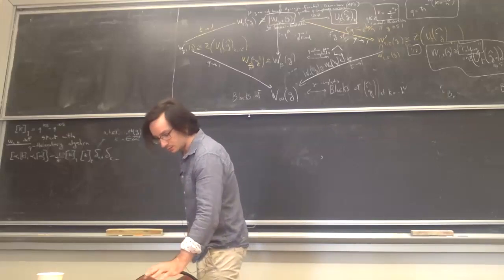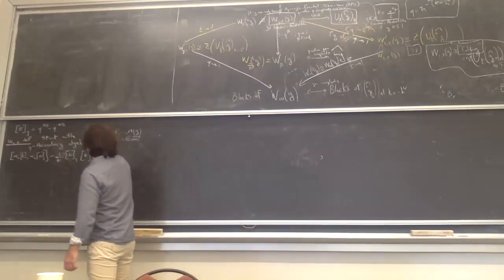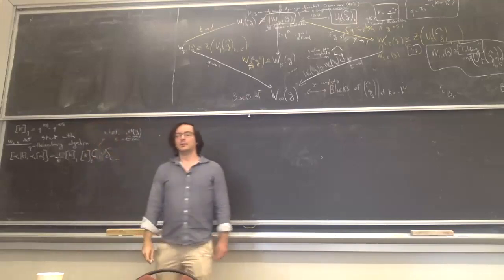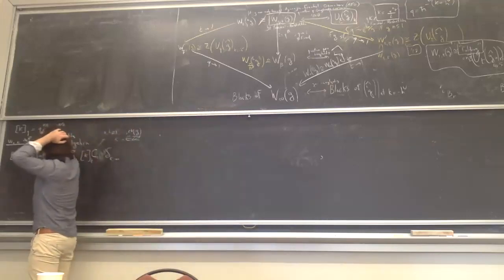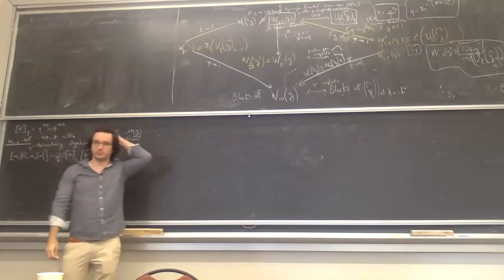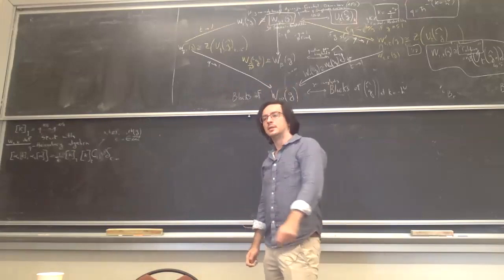Yes? Oh, I should be careful. Like divided by q minus q inverse? Yeah, some people normalize by q minus q inverse. Not needed here, but you can write a definition that does just that.